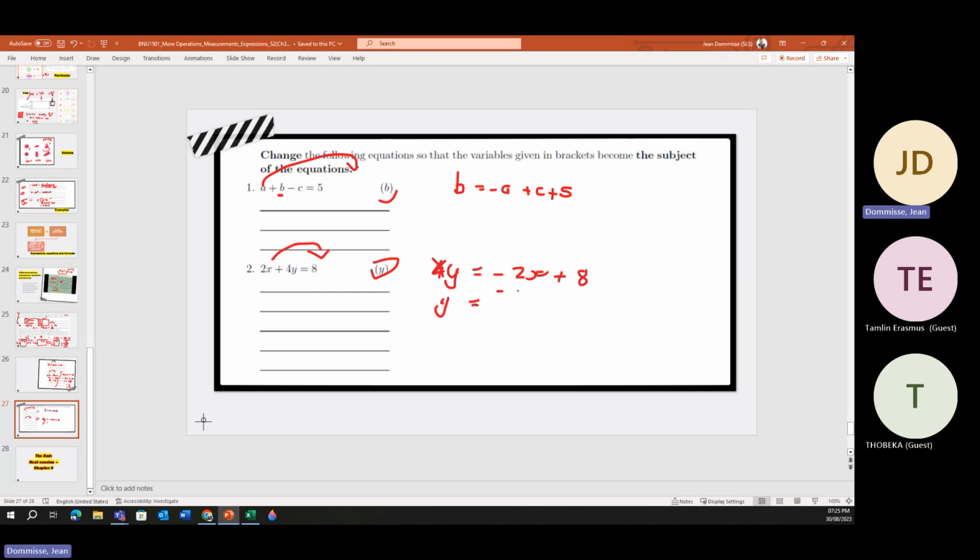So then it becomes divide, so 2x divided by 4, and 8 divided by 4 is 2. Okay, so then we have y as the subject, and all the others move to the other side. The same as when we had b. If there was a 2 in front, we would have needed to cancel out the 2's, but then we would have divided everything by 2. But that's not needed because there wasn't one.